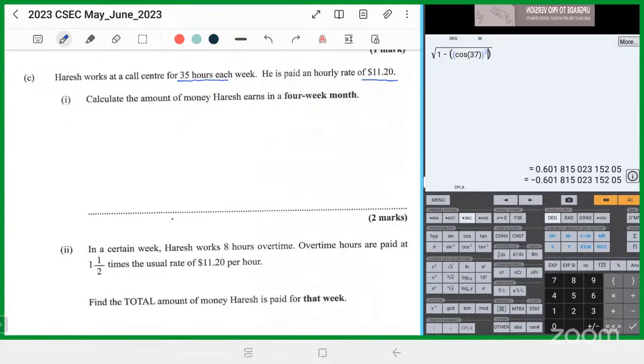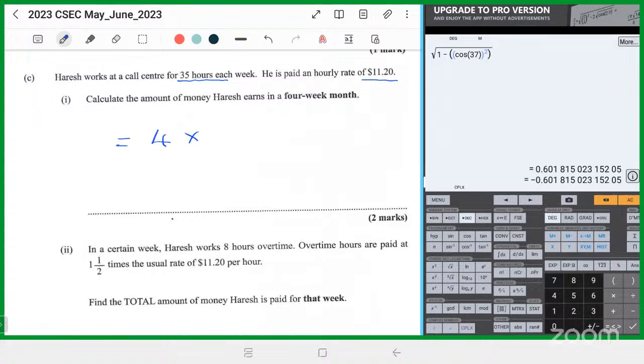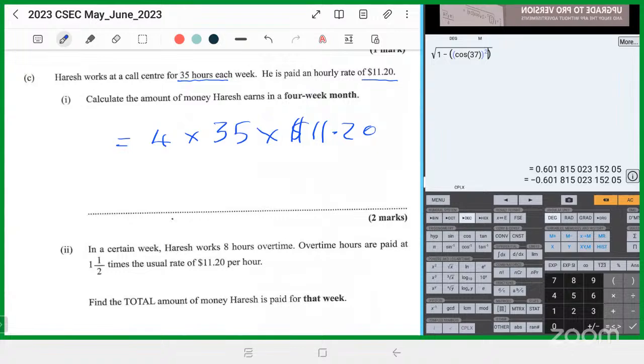It's simply going to be equal to 4 times the weekly amount. The weekly amount is 35 hours times the hourly rate, $11.20. We're not complicating it. That's for the week, and it's 4 weeks a month. So this calculation will give you what it is.